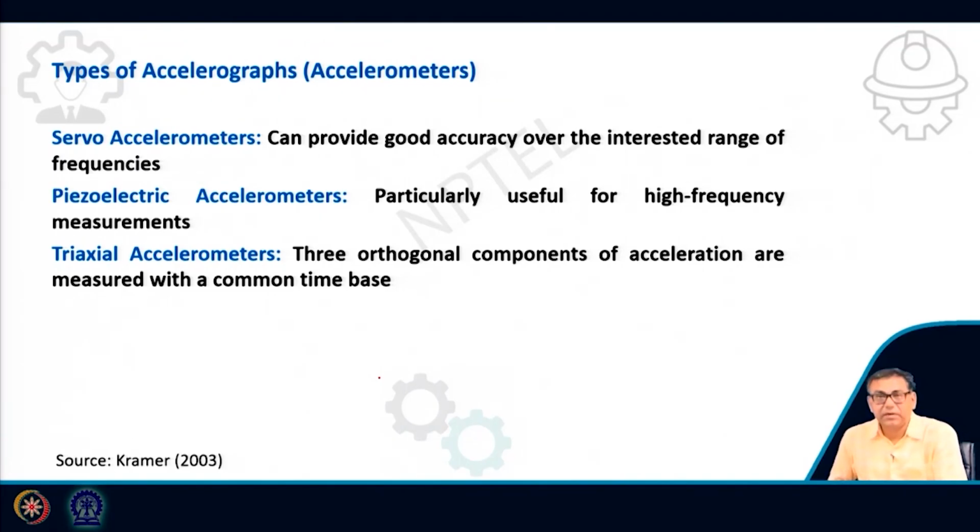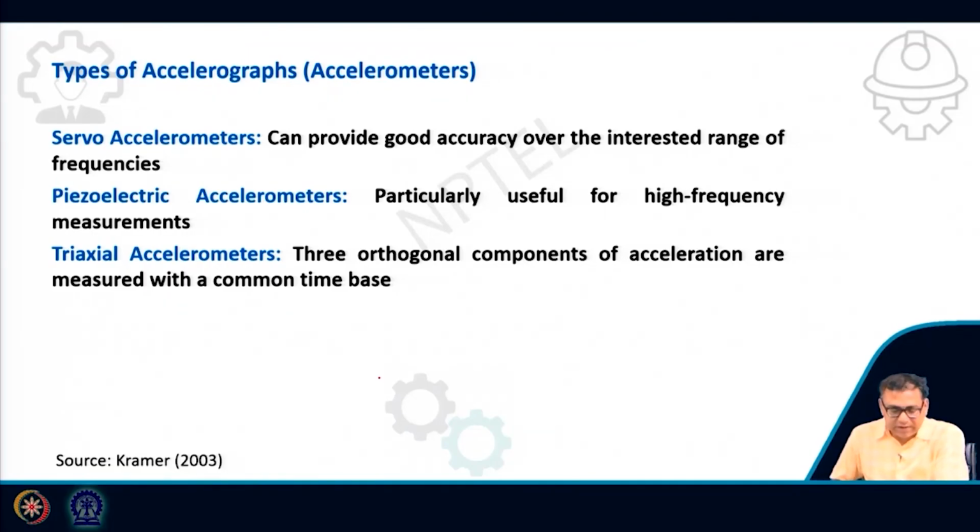Now, what are the different types of accelegraph, or sometimes it is now called the accelerometer. So this is a servo accelerometer that can provide good accuracy over the interested range of frequency. That means the frequency range of this geotechnical earthquake engineering interest. So within that interest range, you will get the good accuracy if I use the servo accelerometer.